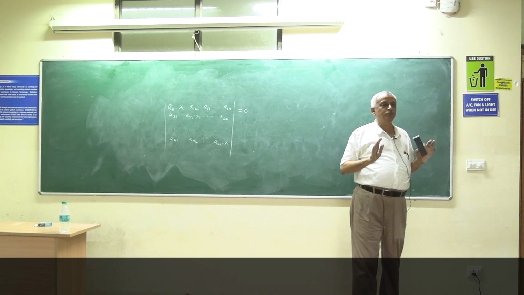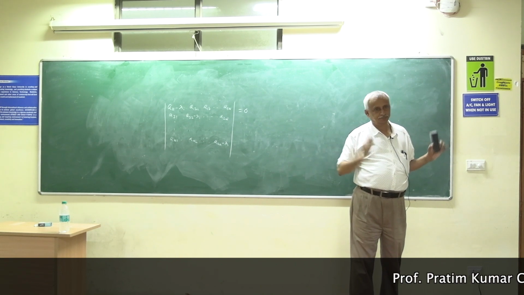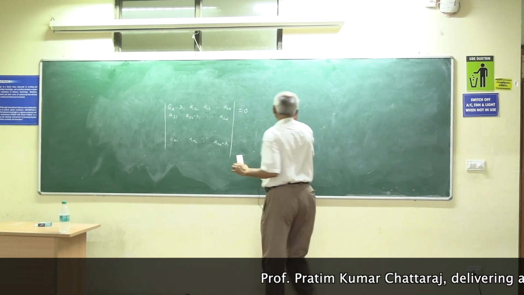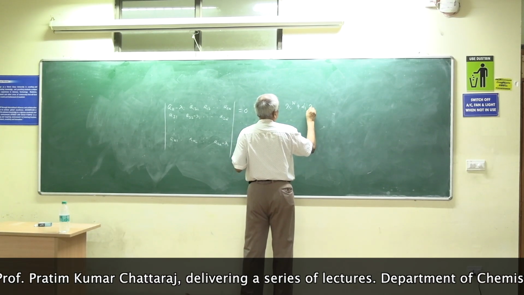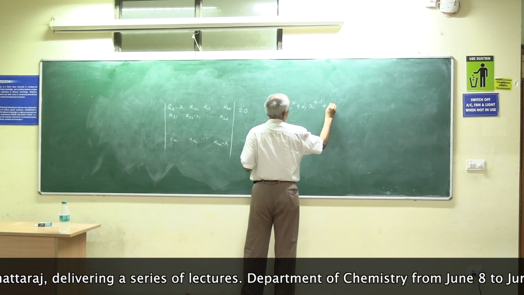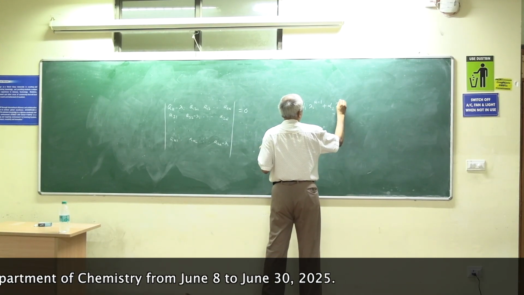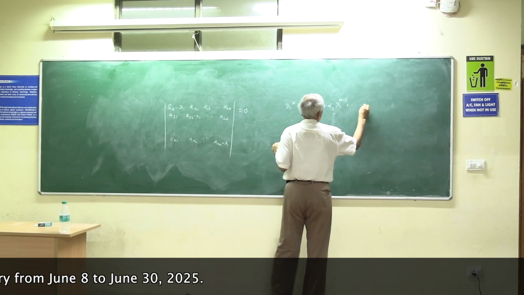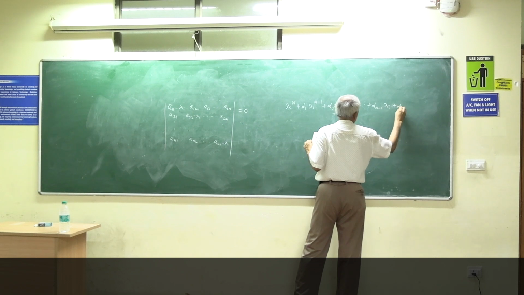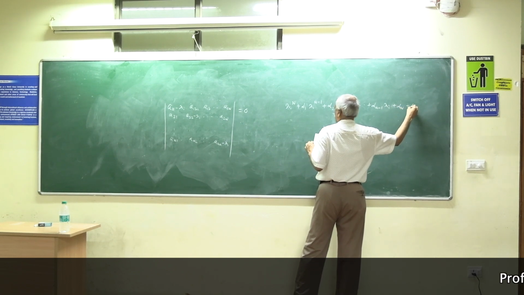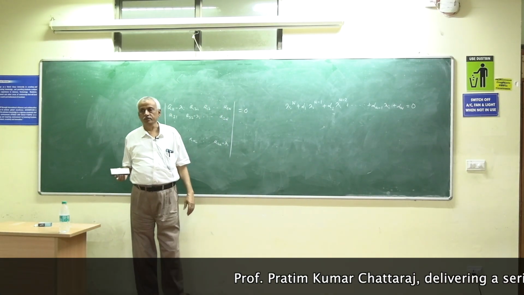So it would be a simple polynomial of degree n in lambda. That means it would be something like lambda to the power n plus alpha 1 lambda to the power n minus 1 plus alpha 2 lambda to the power n minus 2 plus, up to alpha n minus 1 lambda plus alpha n, and this should be 0. So this is a polynomial equation in lambda, an nth degree polynomial.